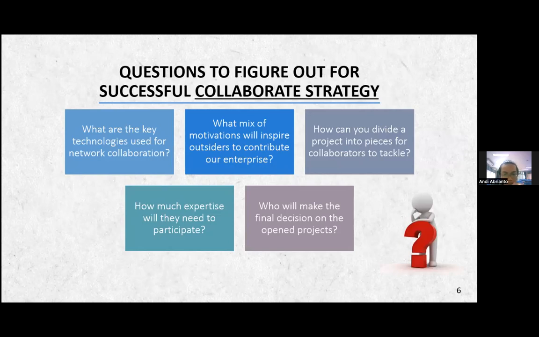So in order for a collaborative strategy to succeed, it needs to begin with an understanding of several issues: what are the key technologies used for network collaboration, what mix of motivations will inspire outsiders to contribute to our enterprise, how can we divide a project into pieces for collaborators to tackle, and how much expertise will they need to participate.